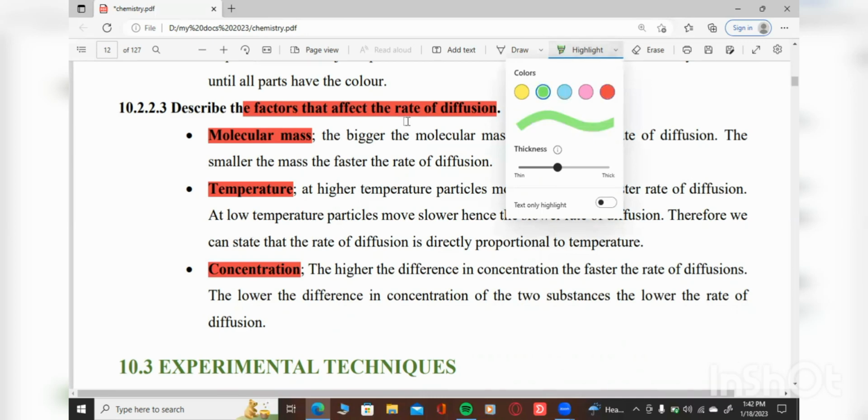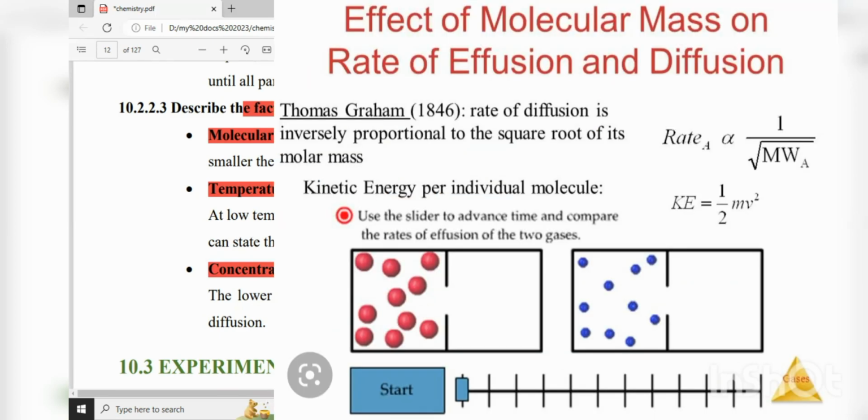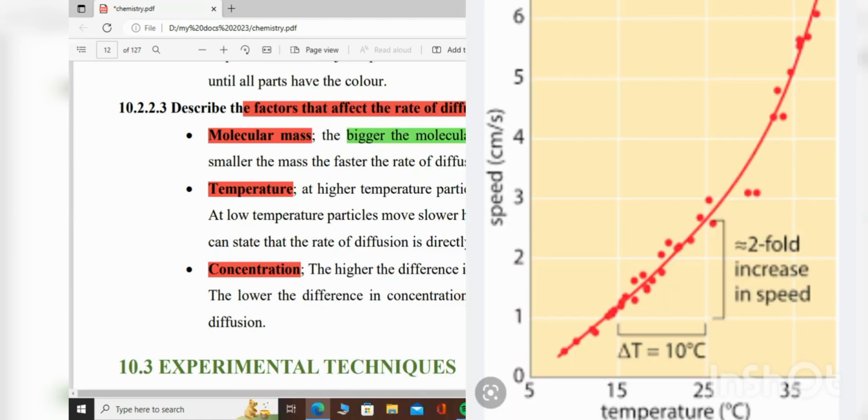Okay, let's start with the molecular mass. When there are bigger molecules, the bigger the molecular mass, the slower the rate of diffusion. Then temperature.